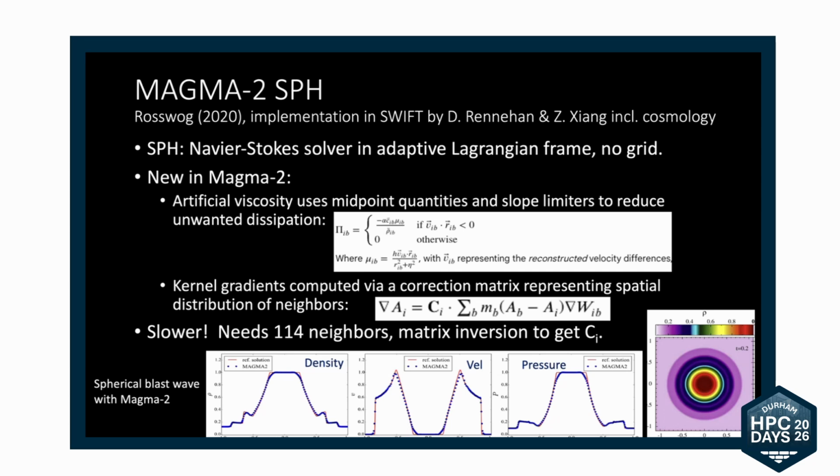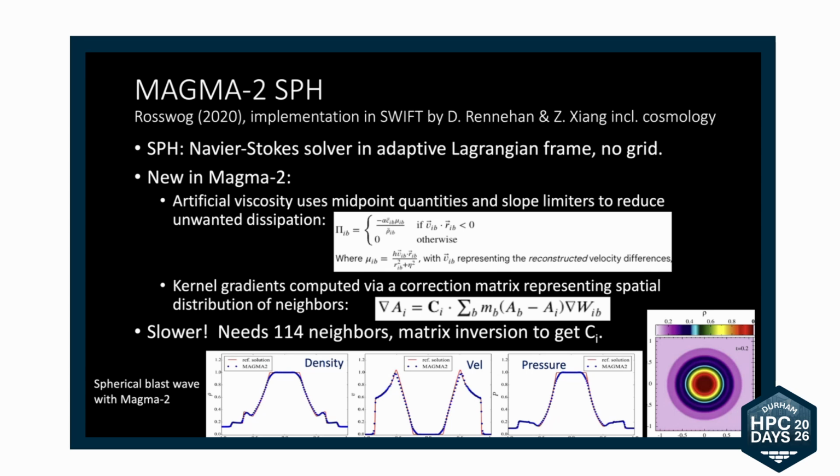One of the big problems is that all the kernels are assumed to be spherical, which means there are blobs of things interpenetrating with each other, and a lot of problems with surface effects, and so on. The reason we put so much effort into Magma 2 is that I really think it's a significant step forward in SPH. It makes it almost not quite as good as grid codes, but much less expensive to run than a grid code.